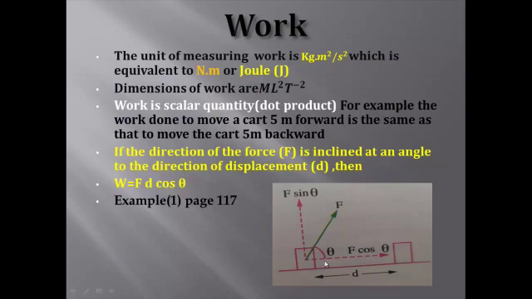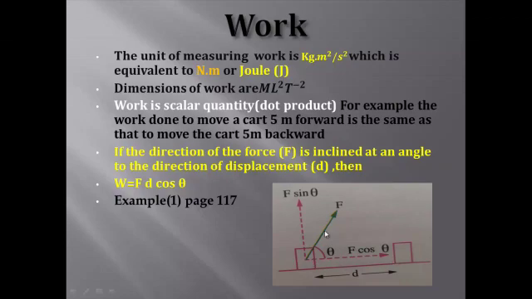Now, like this, if I have a force, in green color, making angle theta with the direction of displacement. This object moves from left to right, so the direction of displacement is from left to right.